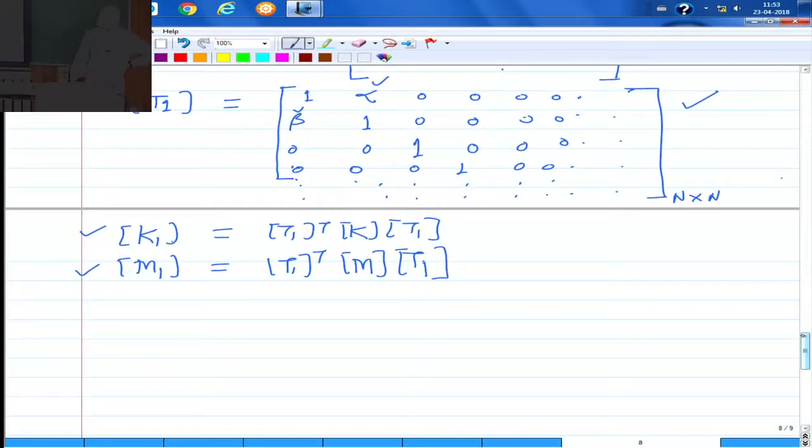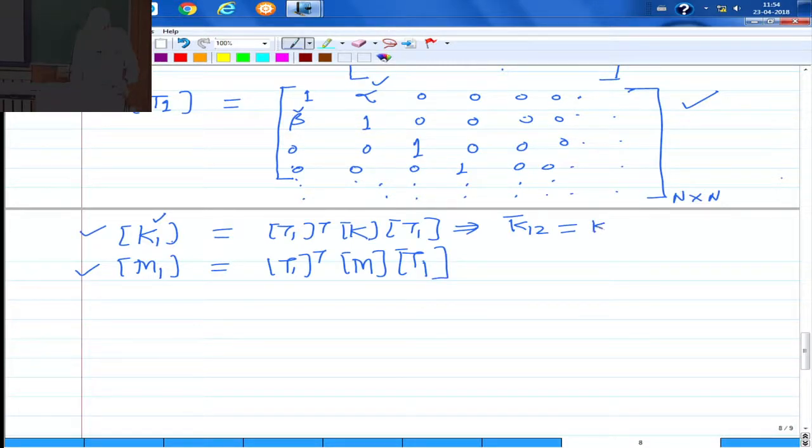In this, if you look at, when you do this multiplication, you will find for the transformed stiffness matrix, in this case the K12, let me say that as K12 bar, is not the same as K12. When you do this multiplication, T1 transpose K into T1, you will find the first row second column of this transformed stiffness matrix K1 is K12 bar, the first row second column or second row first column.